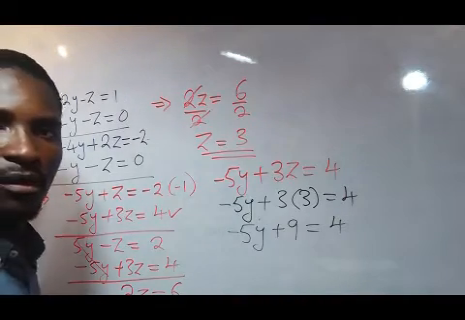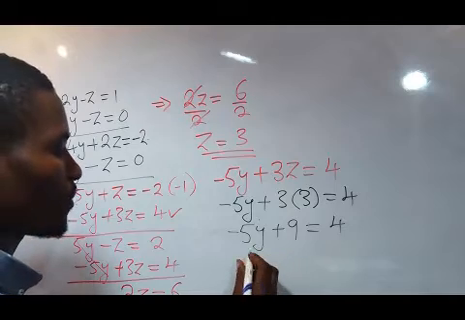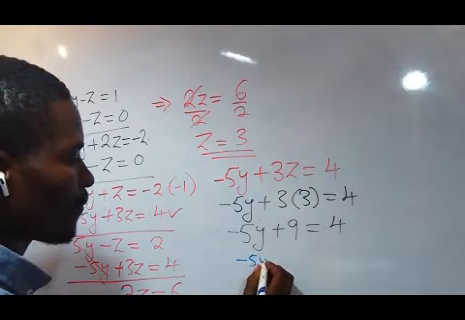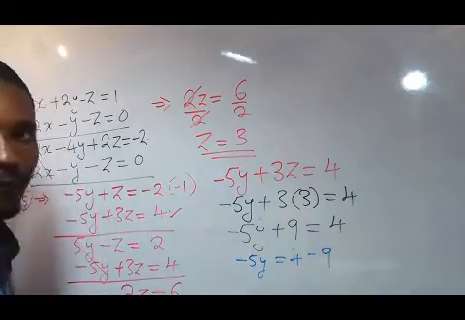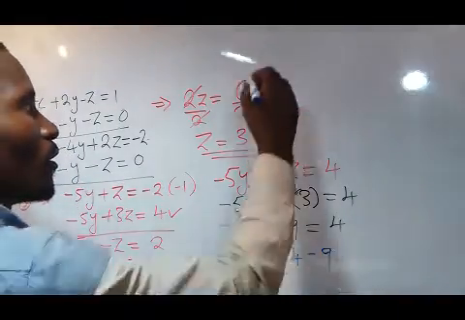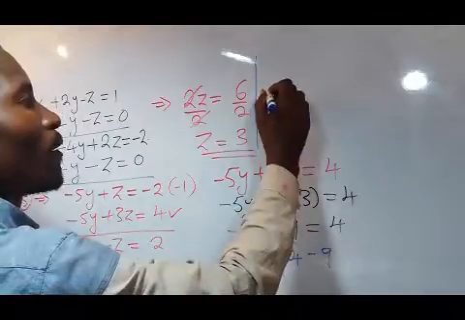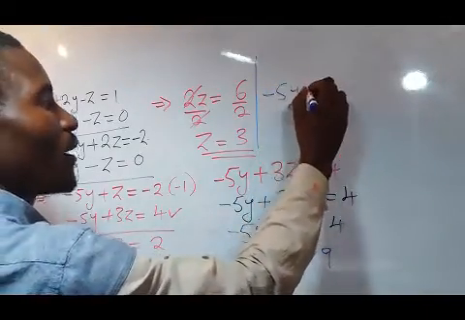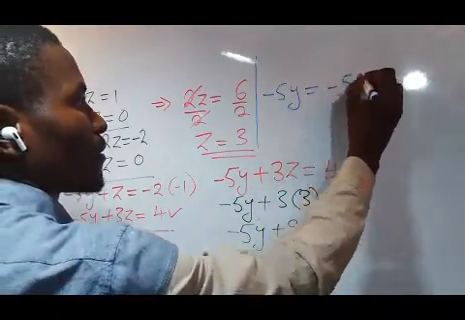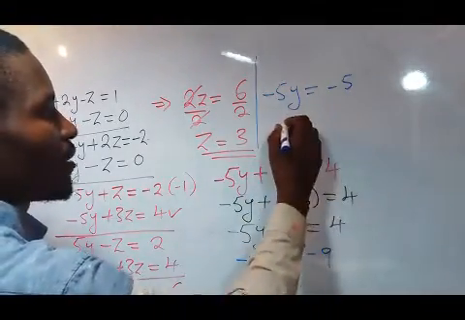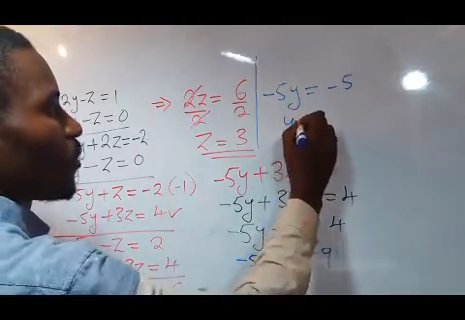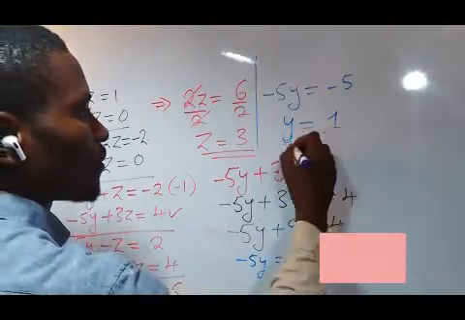And then this one is going to be negative 5y equals 4 minus 9. And then we can say negative 5y equals negative 5. Now you divide both sides, you are going to get y equals 1.